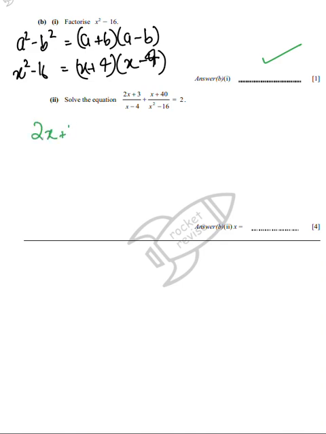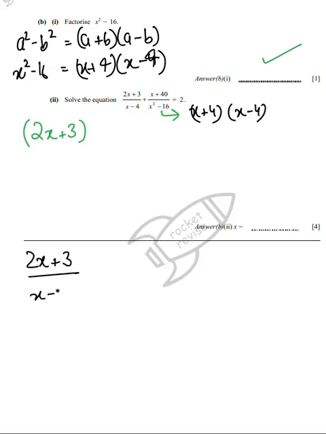2x plus 3 into x squared minus 16 can be written in the form of (x + 4)(x - 4), right? I can. Okay, let me solve this question here. Let me rewrite this: (2x + 3)/(x - 4) + (x + 40)/(x² - 16) = 2.